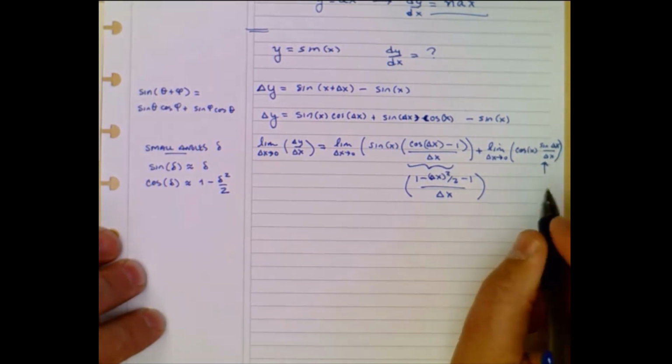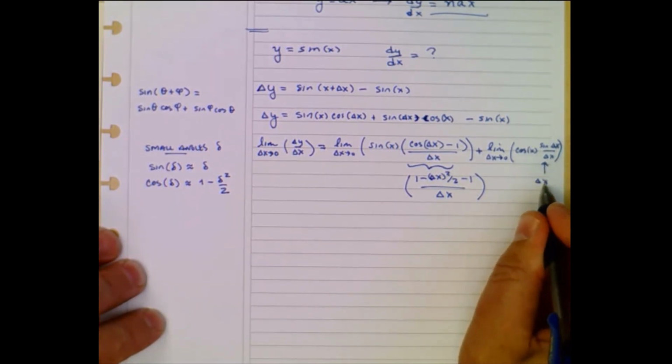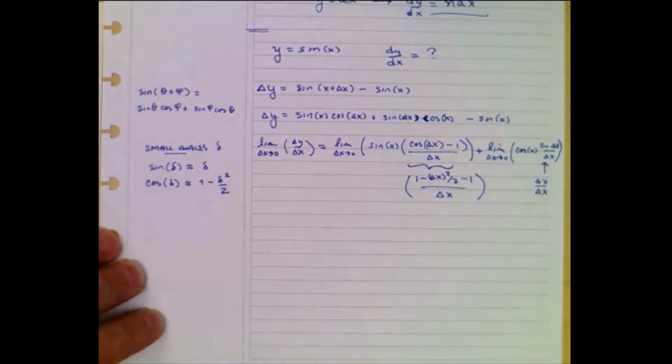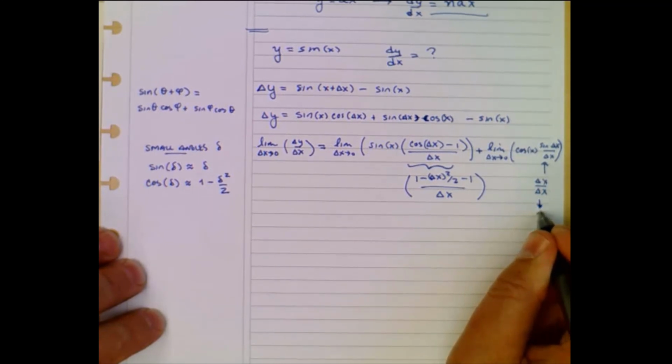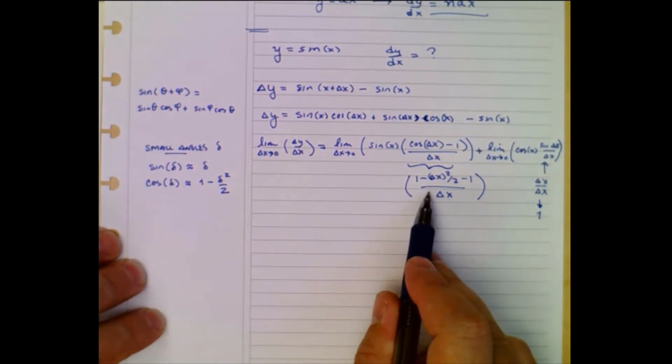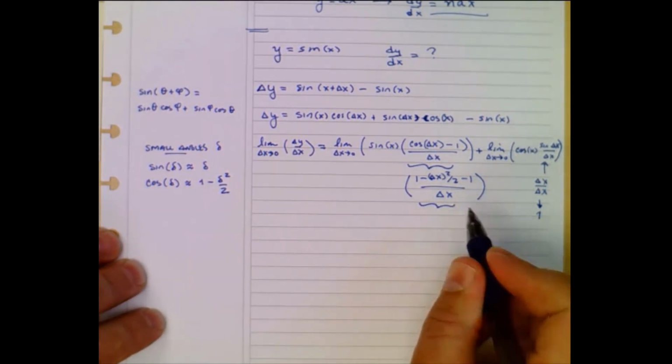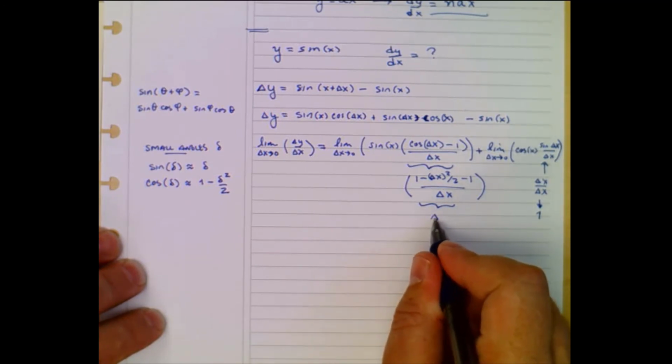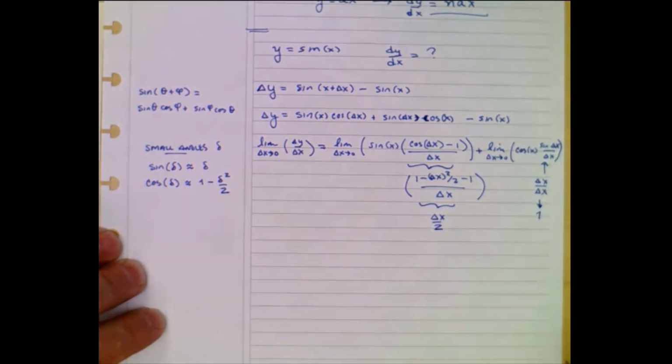And this becomes delta x over delta x. Well, no matter what delta x does, the ratio of delta x over delta x goes to 1. And all of this is going to boil down to delta x over 2.